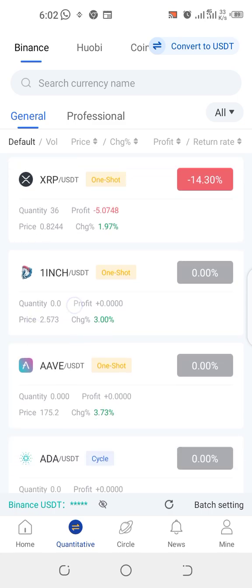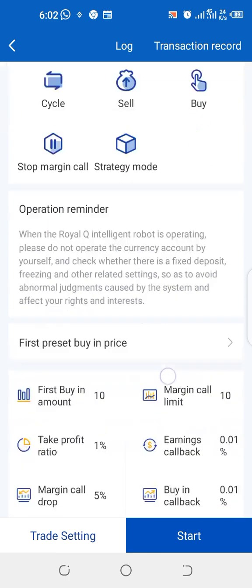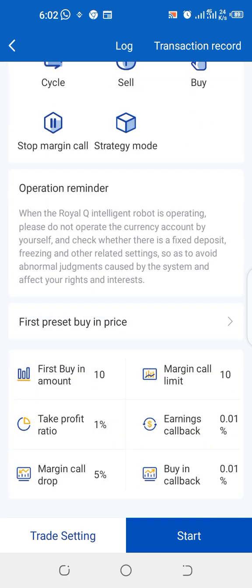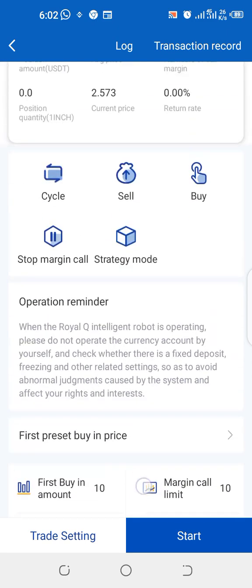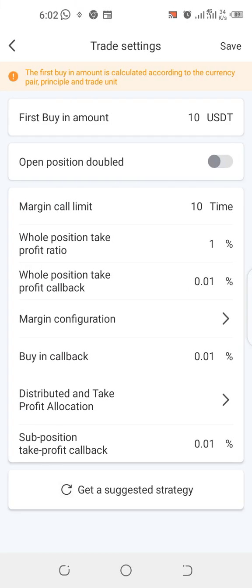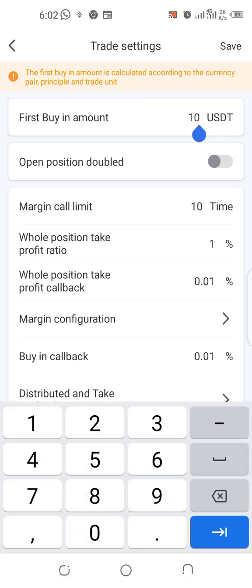So let's say I want to set up trade on 1INCH USDT. I can open it and go to trade setting. The first buying amount refers to how much USDT I want to use to buy the first time. In this case, 10 USDT. You can't go below 10 USDT because on Binance, the minimum amount you can use to buy a coin once is 10 USDT.